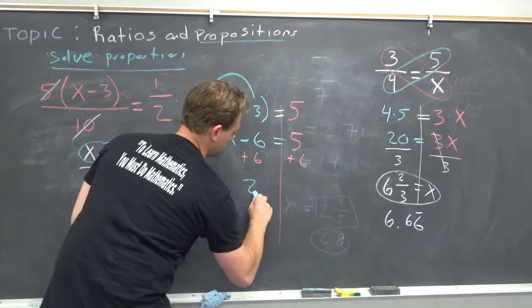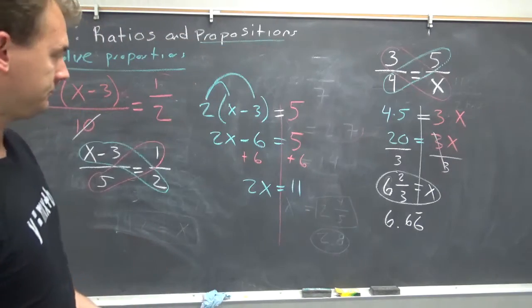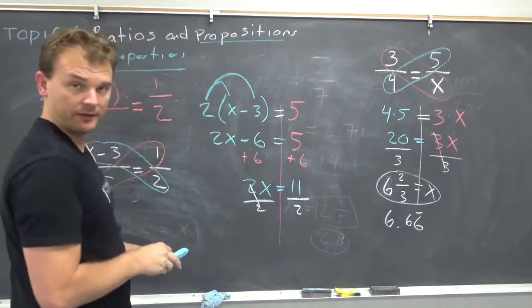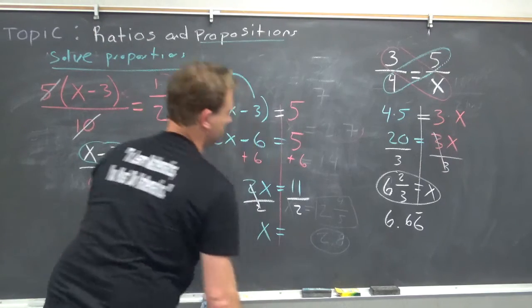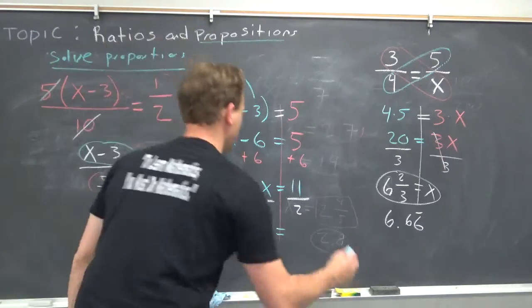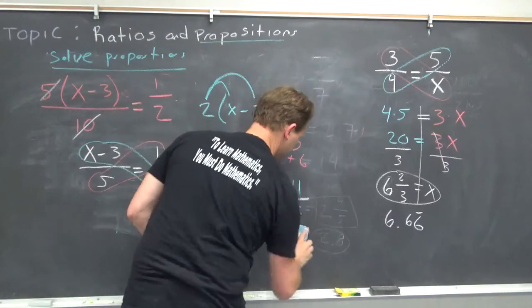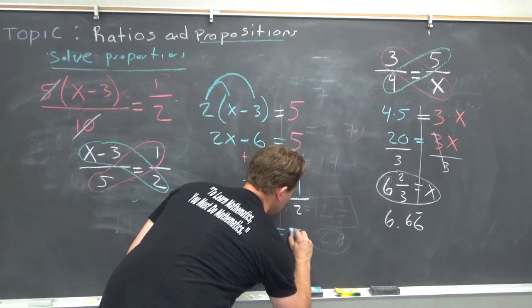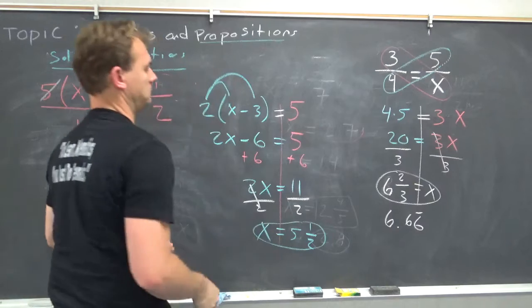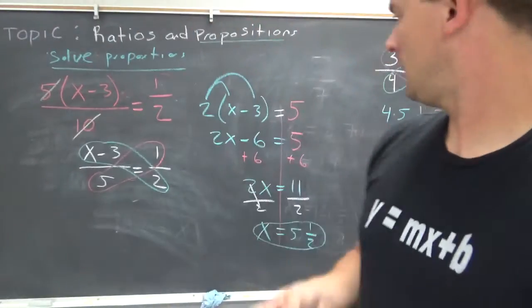This comes over. This goes to 11. Divide. And how many of those go down? 2 times 5 is 10, so 5 and 1/2. Yep. So that's it. That's your answer.